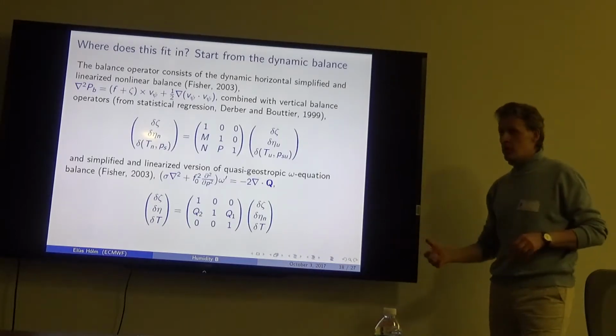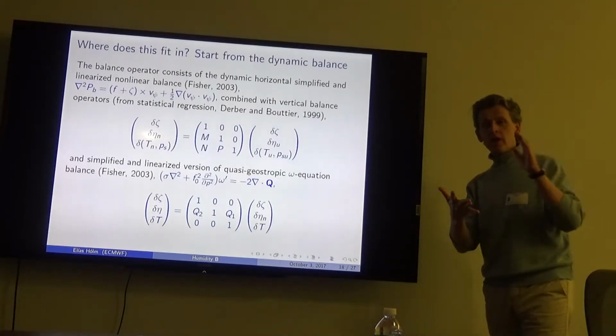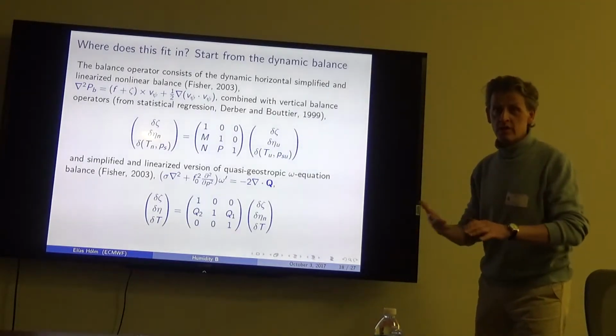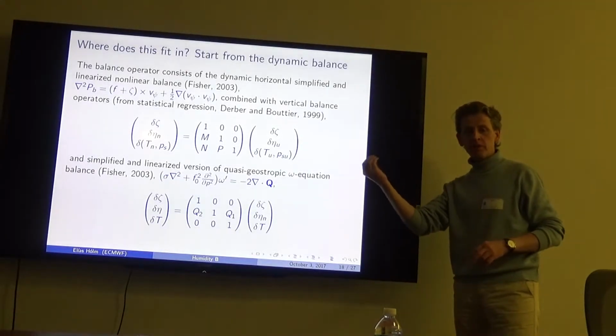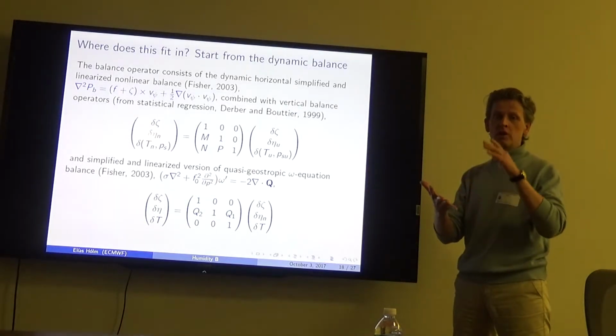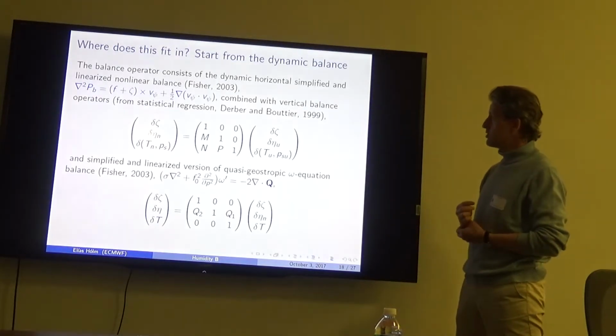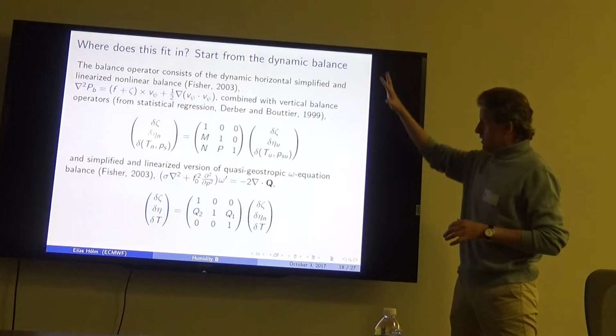So these guys together couple the temperature, you have hydrostatic balance, and you have divergence, and you have vorticity. So vorticity is the primary driver here, and you get balance increment in temperature, surface pressure, and divergence from vorticity increments. Okay, that's it.